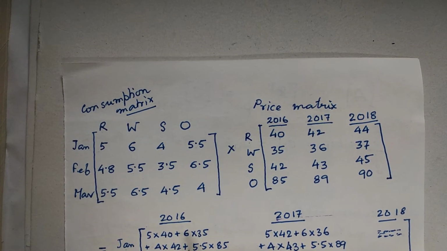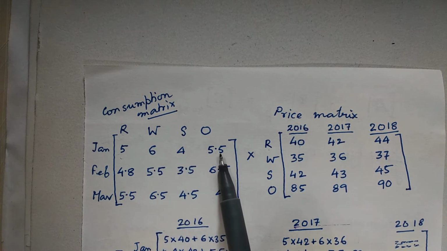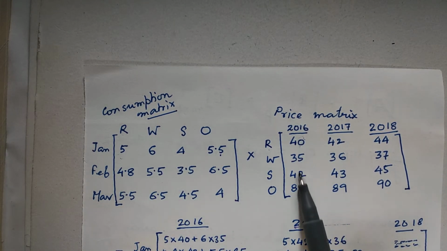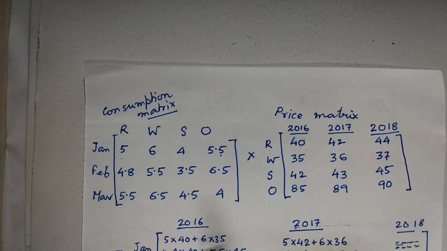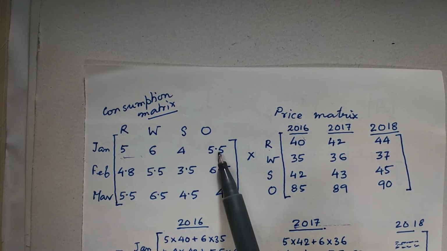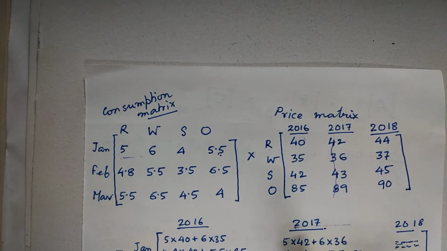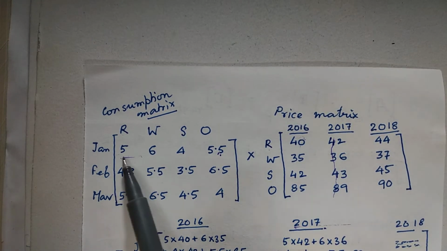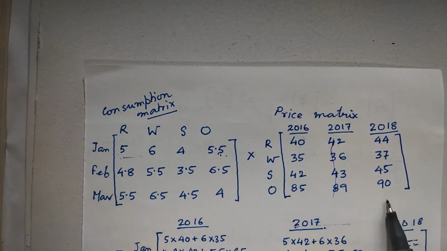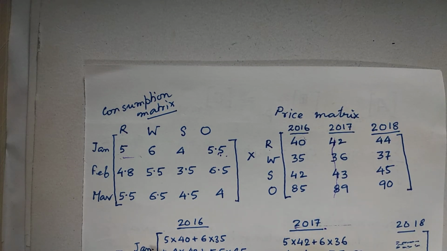For January 2016, we have to multiply this row with this column, 2016. For January 2017, we have to multiply this row with the entries in this column, 2017 column. Similarly, this row multiplied by this column will give you the expenditure in 2018 January.